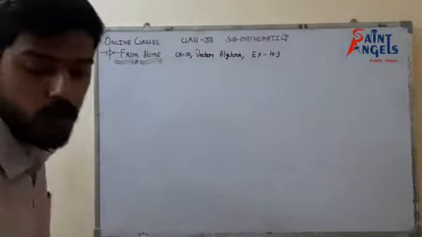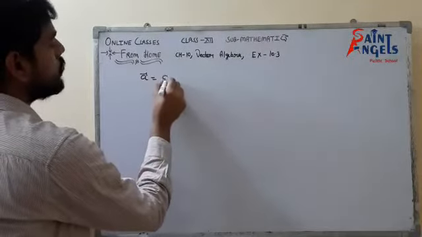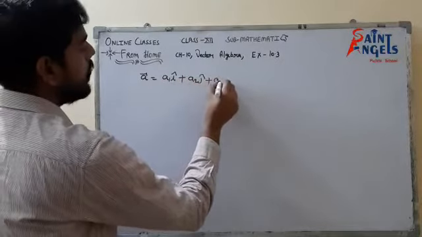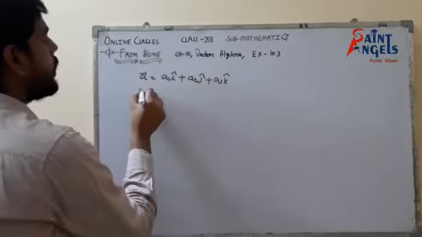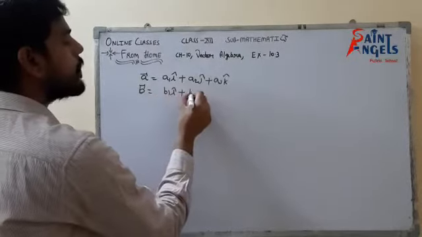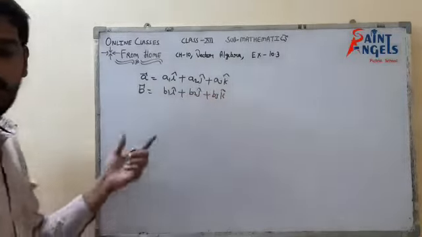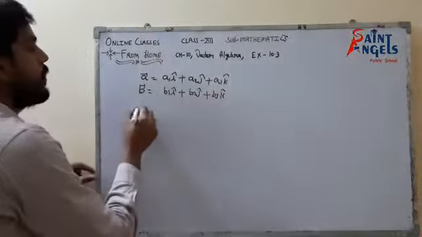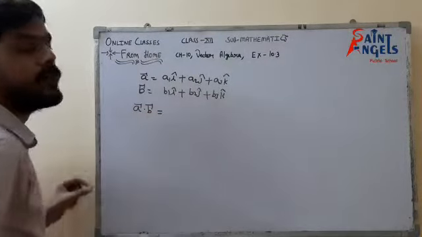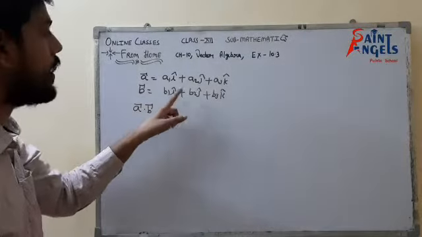If we are given two vectors in component form, like vector A equals A1 i cap plus A2 j cap plus A3 k cap and vector B equals B1 i cap plus B2 j cap plus B3 k cap, and now we have to multiply A and B, then A dot B would be the product of the respective components of i, j and k.